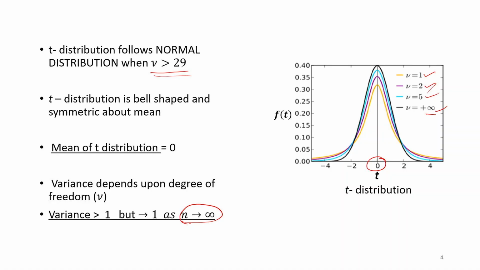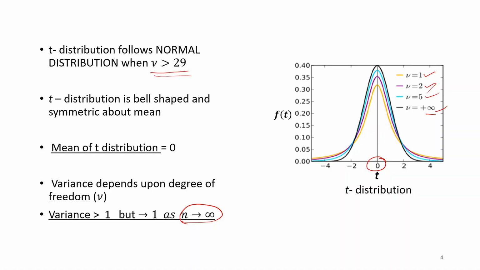And when the sample size is large, the variance will be close to 1. That means it is going to be very close to the standard normal distribution. You will remember that for the standard normal distribution, the distribution of the variable z, the mean was 0 and the standard deviation was 1.